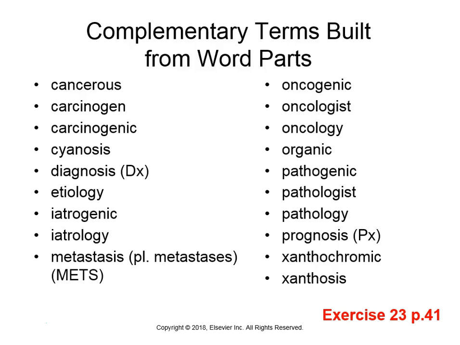Diagnosis is abbreviated DX. That means a state of complete knowledge. When you think about what that means in real life terms, your diagnosis is when you actually understand what you're coming down with or what you're sick with, what the disease is. That's the diagnosis. That's a little different than prognosis. Prognosis is the state of before knowledge.